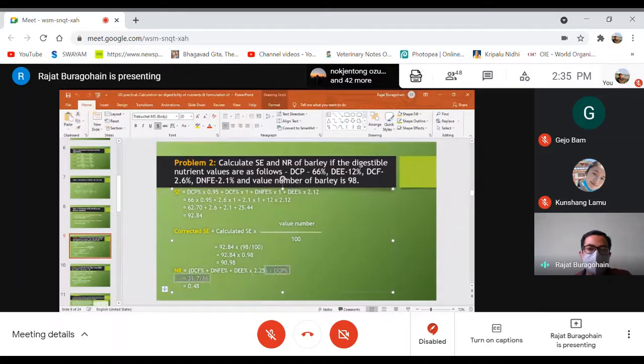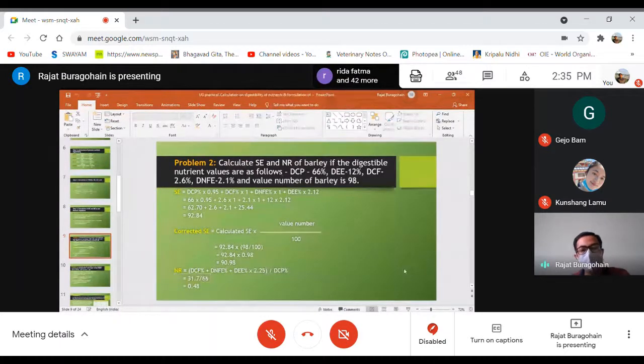This one you do not forget. Most of the time students forget this. Since I am telling you it is the ratio of the sum of the digestible non-nitrogenous nutrients divided by digestible nitrogenous nutrients, after writing this, most of the students write like this: DCF plus DNFE plus DE divided by DCP, but it is not correct. Okay, this one you please remember.